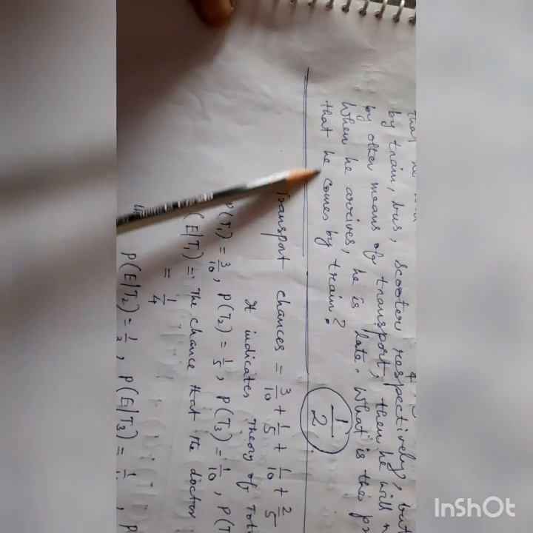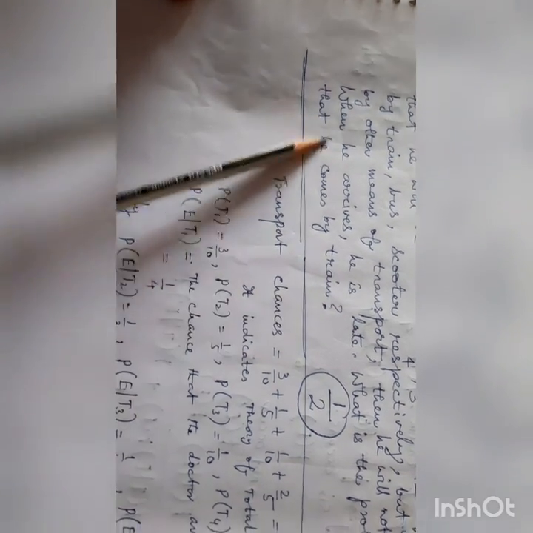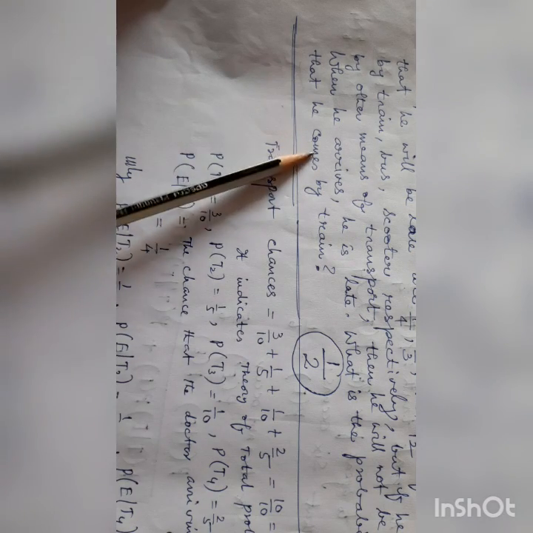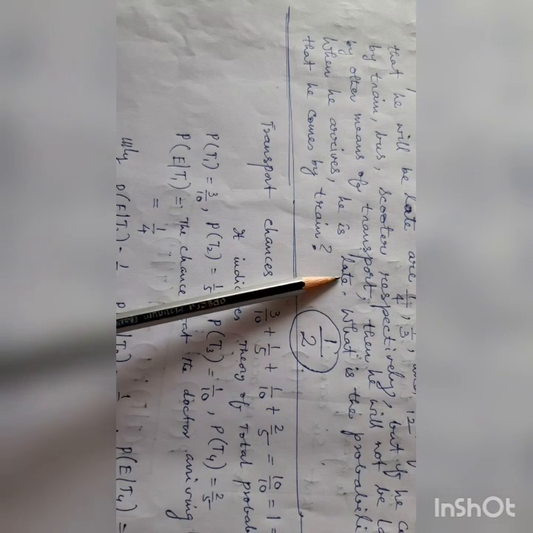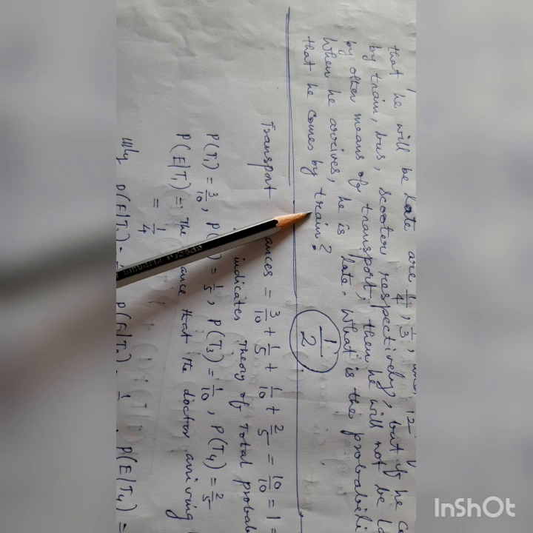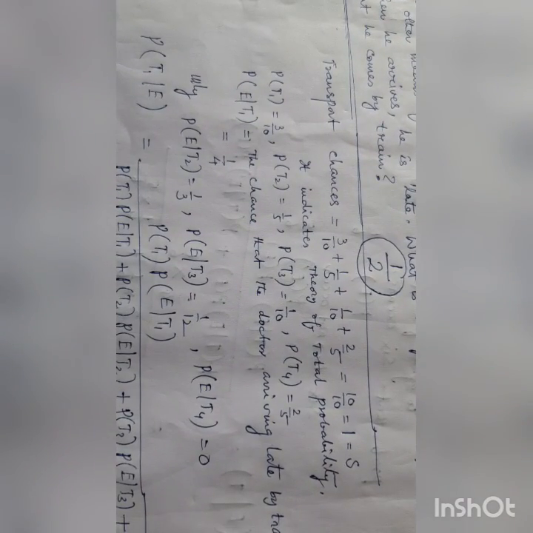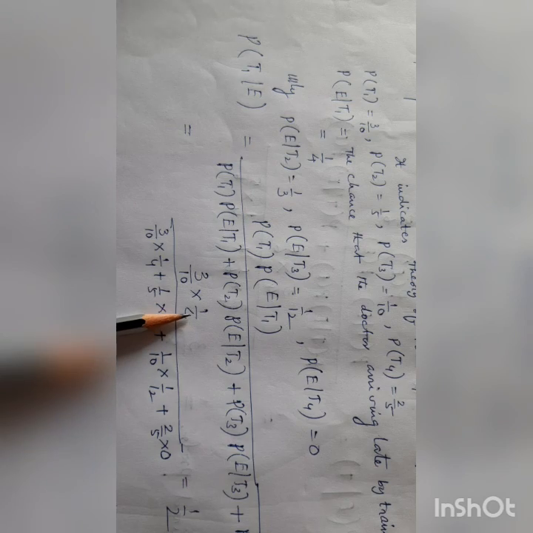What is the probability that he comes by train? When he arrives, he is late. So what is the requirement? Late probability into train probability you have to keep. See here, train probability how much?